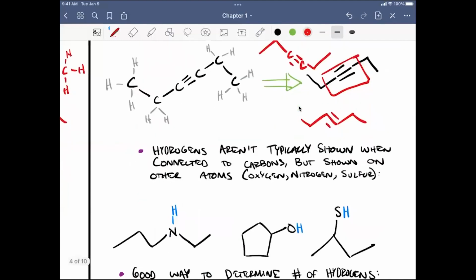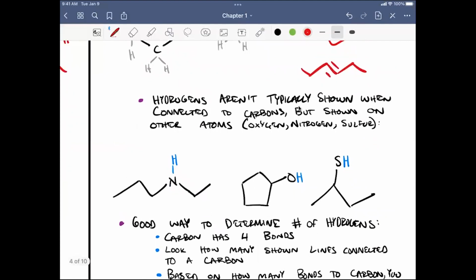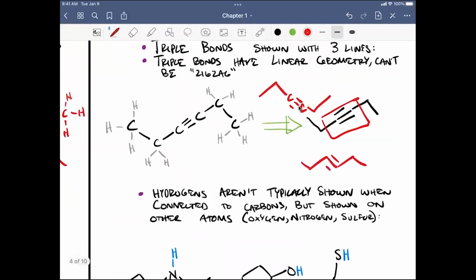All right. Moving on to the hydrogens in bond line formations. You can see when I've been going through all these structures that when we look at our bond line equivalents of them, you don't see any hydrogens for these carbon skeletons. And that's because we do not show them when they're connected to carbons.